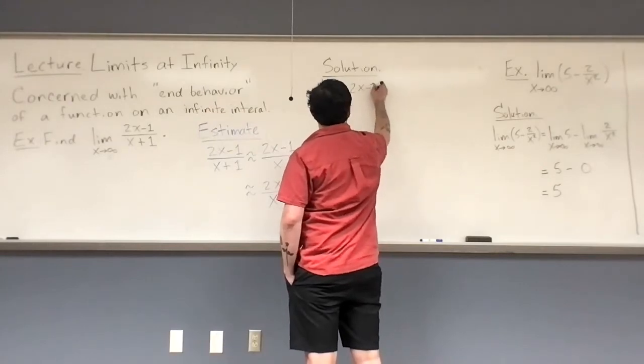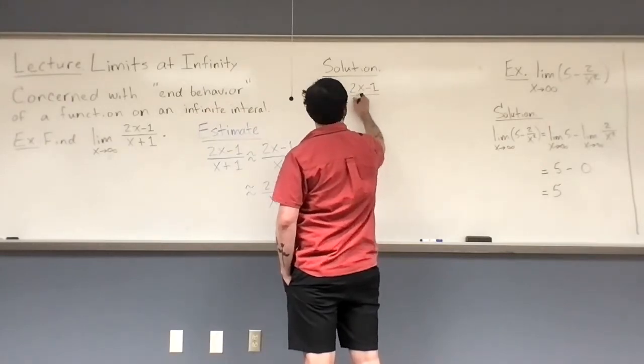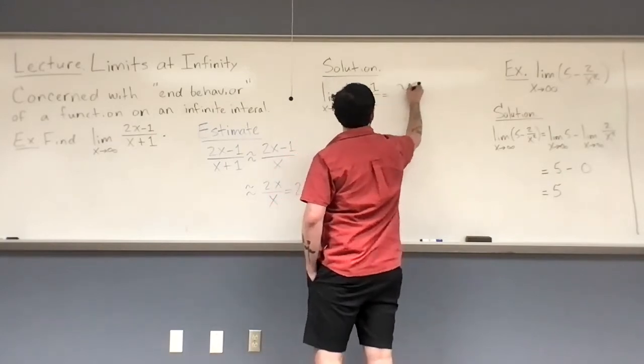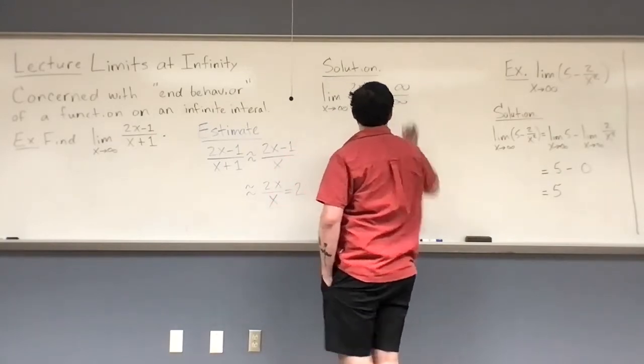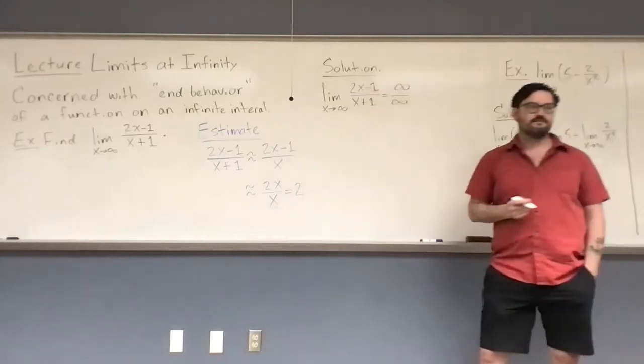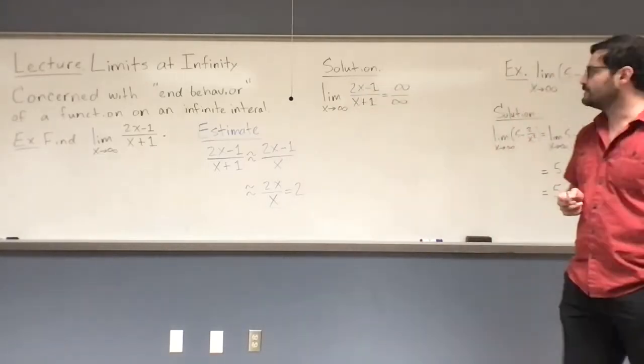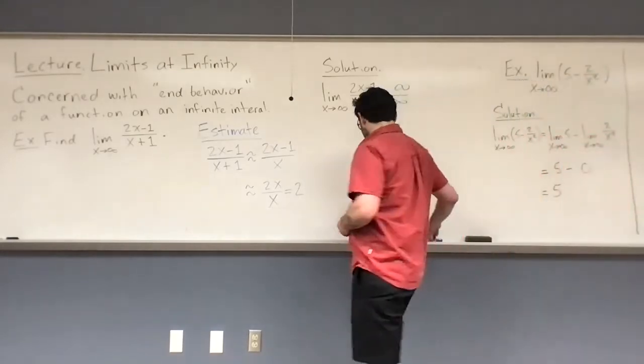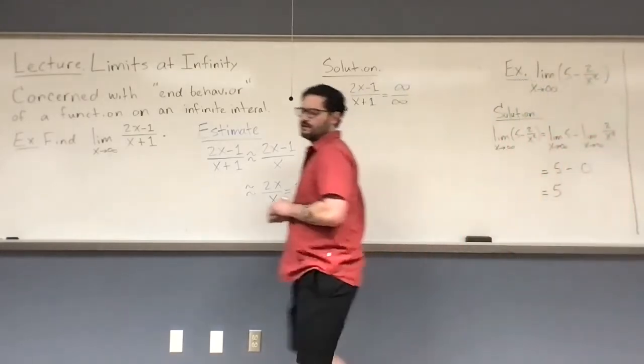we'll get something like this. We'll get that, right? Infinity over infinity. This has a special name, which I always misspell.